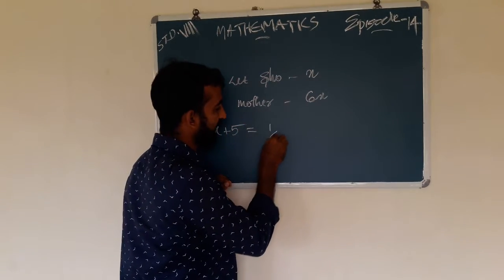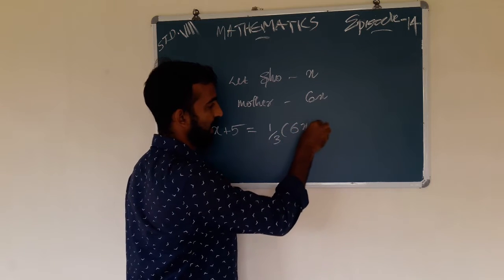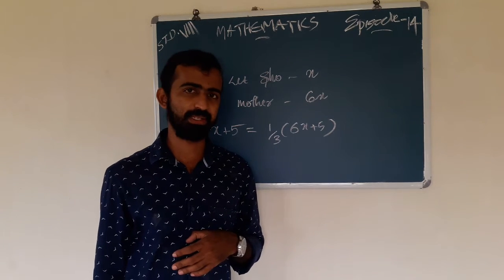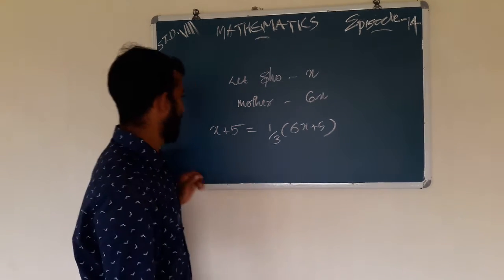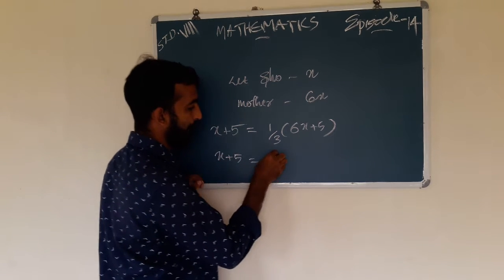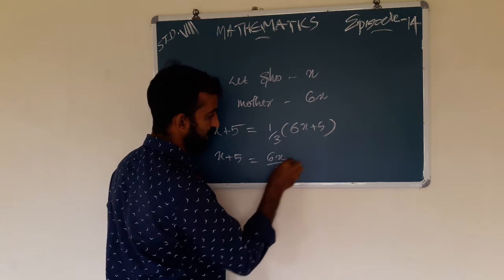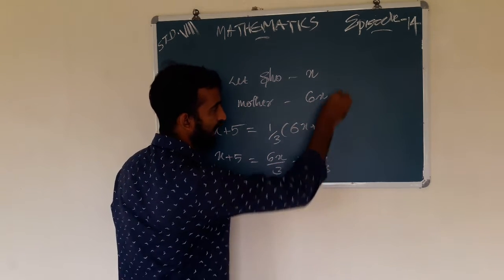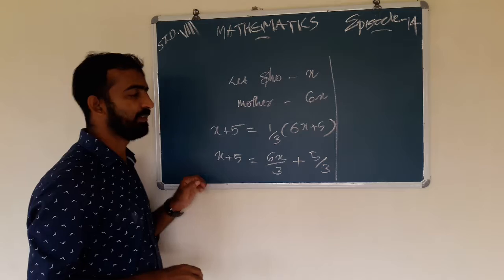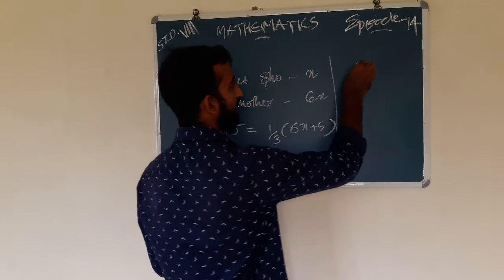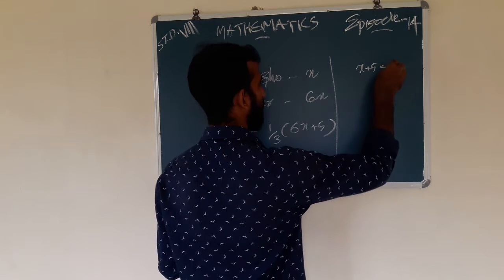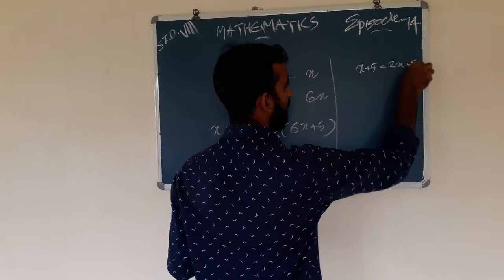That is 1/3 of his mother's age. So x plus 5 equal to 6x by 3 plus 5 by 3. That is, x plus 5 equal to 2x plus 5 by 3.